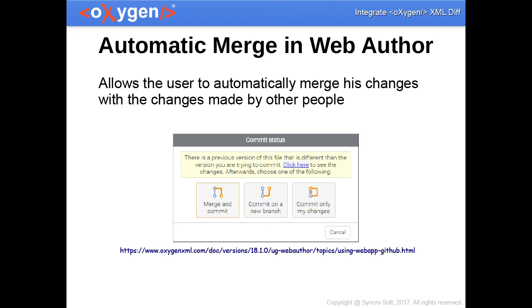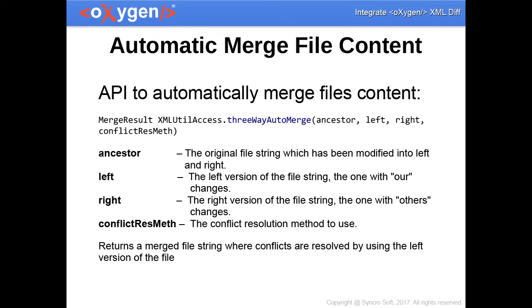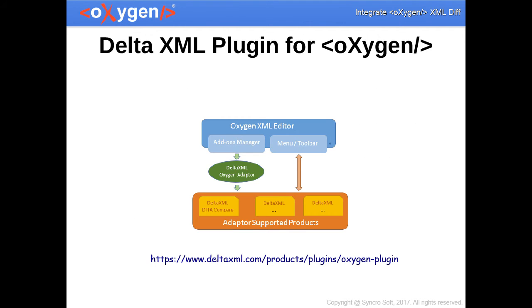This is used in the web app, for example, to merge automatically the files that are committed on Git if there are conflicts. And this is available also as API, and you'll need to give the three file contents, the local file, the remote file, and the base, and it will merge the content automatically. This is also available from the API.